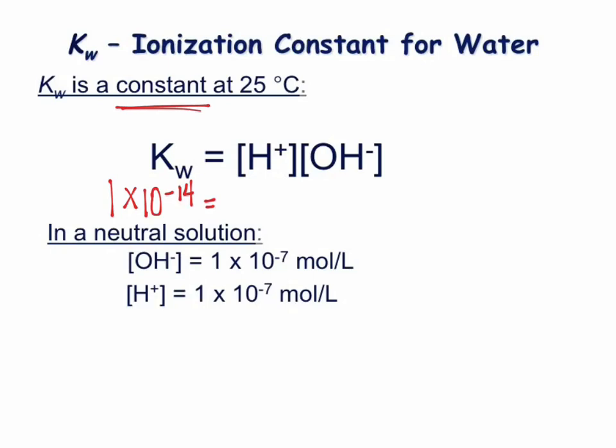So, if H positive equals OH negative, that means if I take the square root of Kw, that will get me the concentration of H plus and OH minus. So the square root of that would be 1 times 10 to the negative 7.